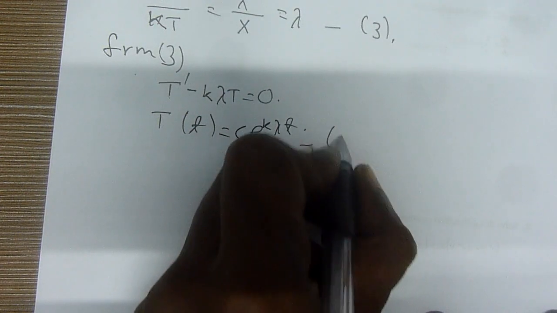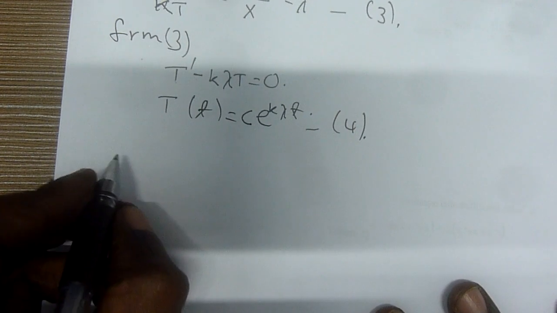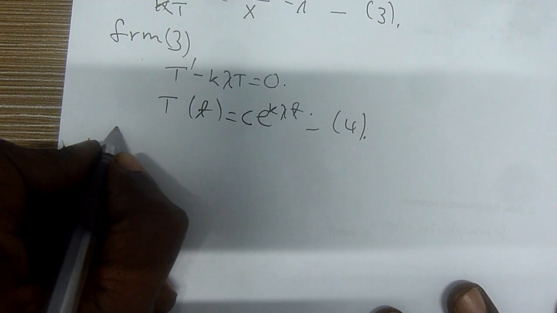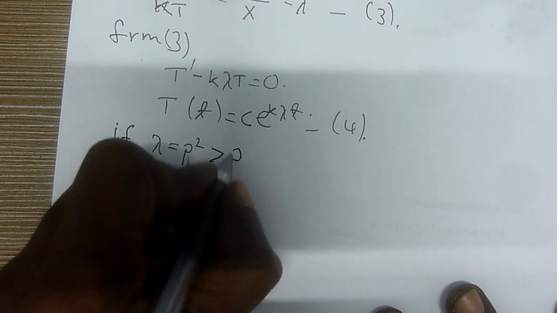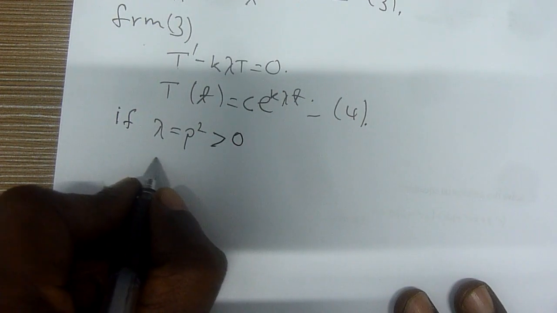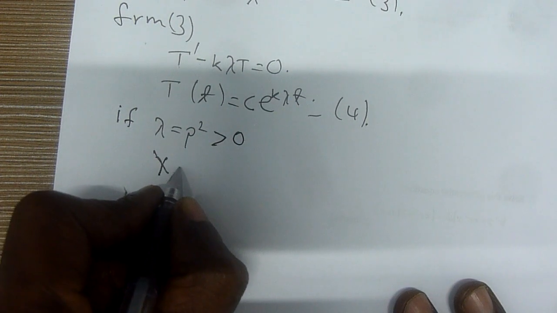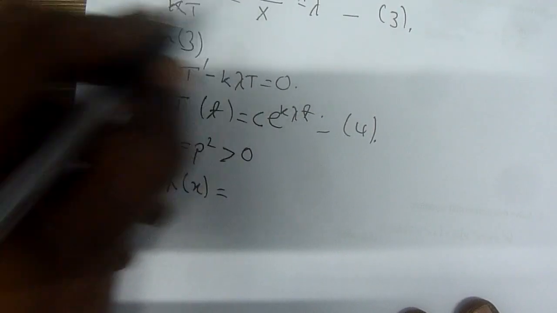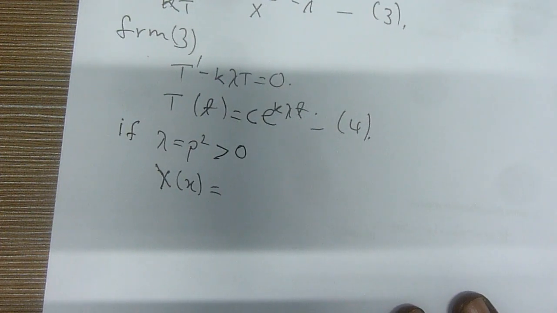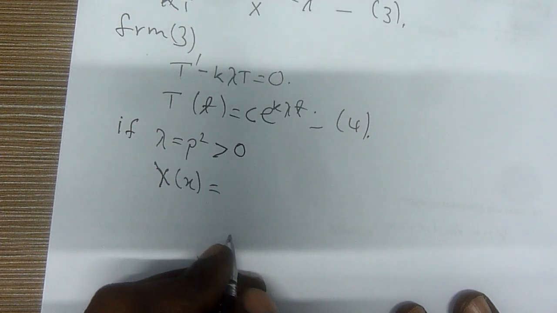Now I call this number 4. For the second one, if lambda equals p squared greater than 0, we already solved that for X'' before. That's why I want you all to practice this.